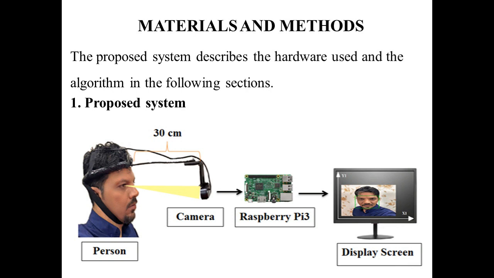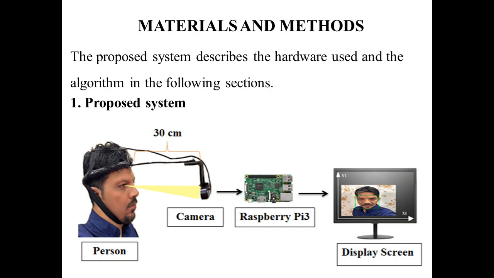First, the proposed system. The suggested system consists of the components depicted in the figure, which include the person, camera, Raspberry Pi 3, and display screen. The camera is positioned on the person's head to avoid any head motion and to measure the space between the face and the camera.